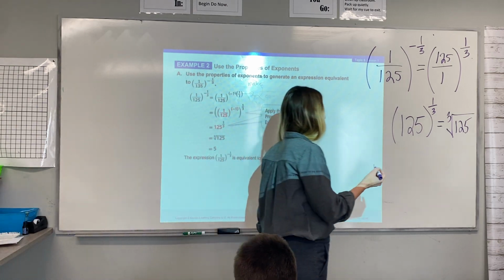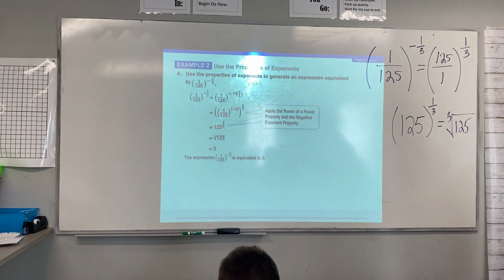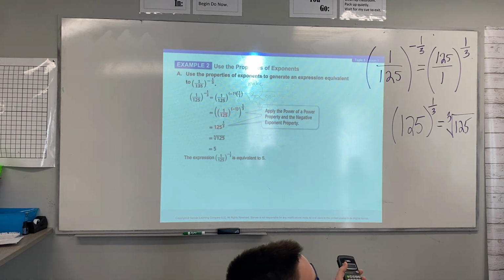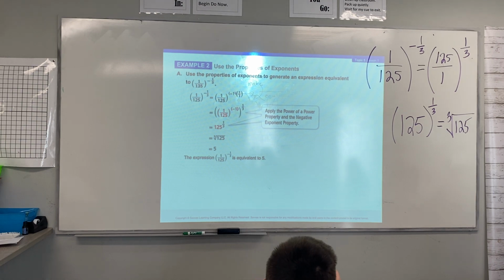So second function, and then this button right here, because we want this up function. Second function is here, then this, and then type in 3. Okay, so 125, second function. We want this little guy right up here. And then we put in our root, and then equals, and it equals 5.